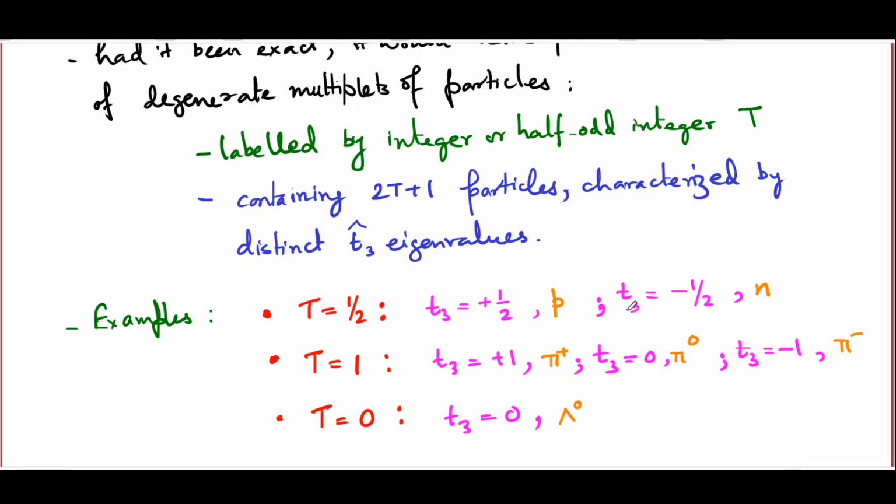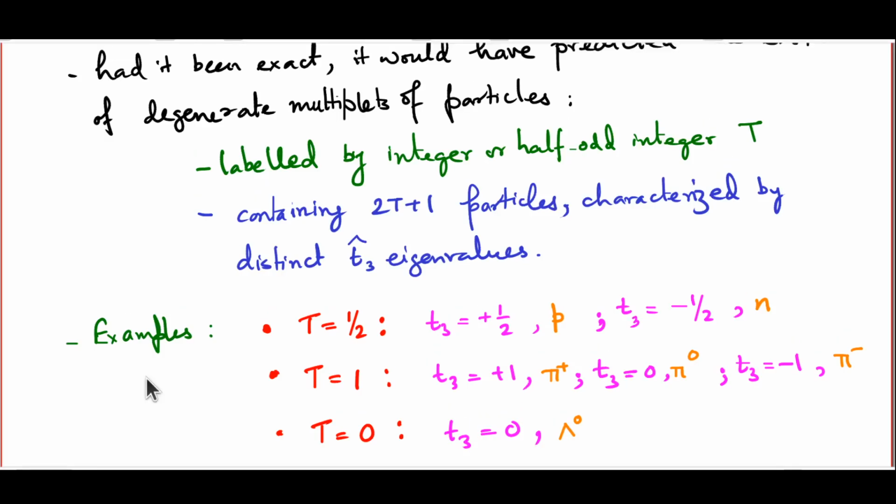Well, the average charge for the pion triplet is 0, and T3 values added to this average charge of 0, that is, the T3 value itself gives you the charge of the particular pion. The average charge of the singlet, the lambda 0 singlet, is of course 0.